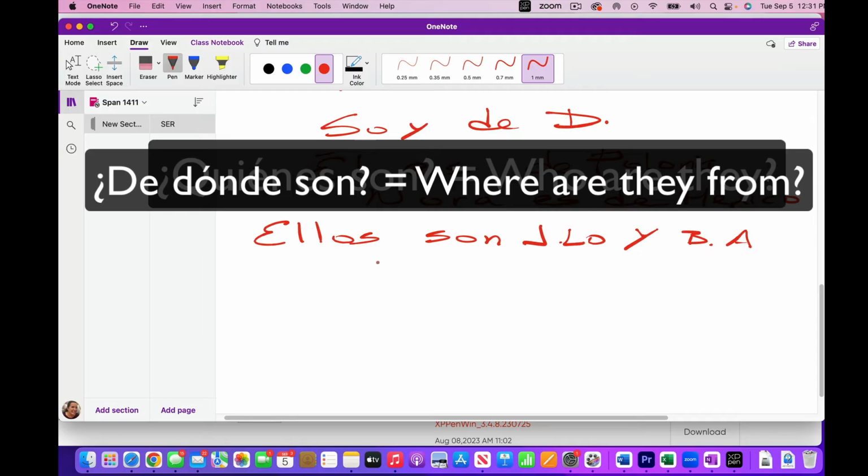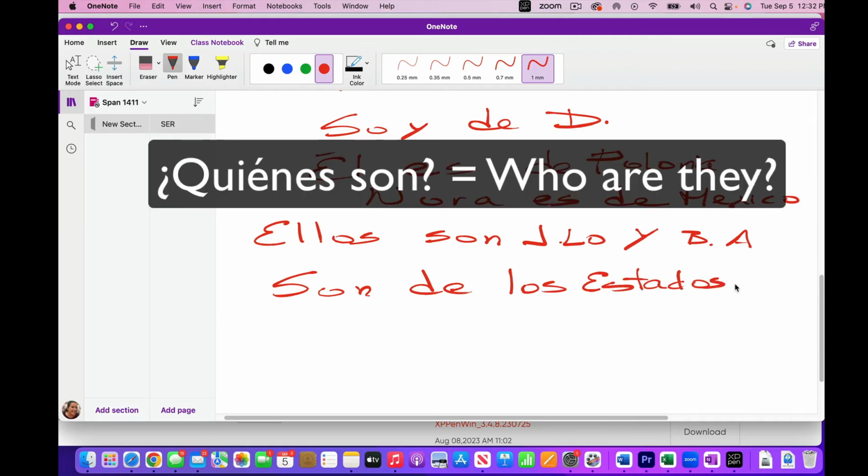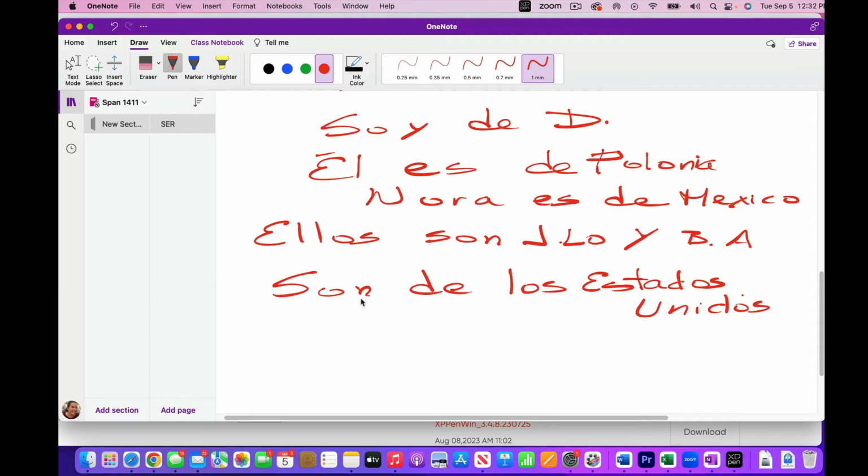Where are they from? Son de los Estados Unidos. Now, as you can see here, I didn't say ellos. Why? Because I already said it in my earlier sentence. So in this second case, it's also optional.